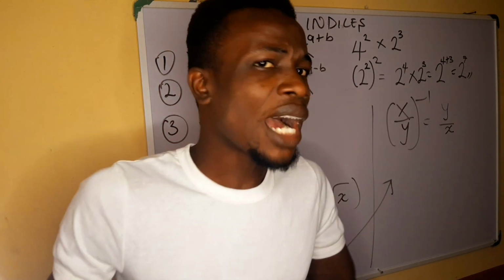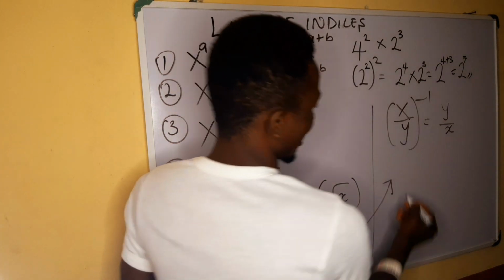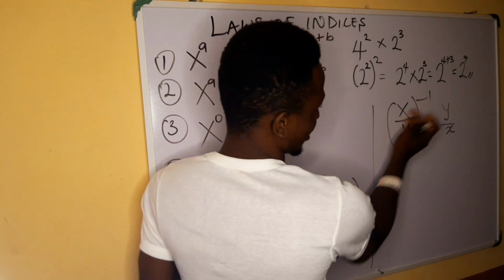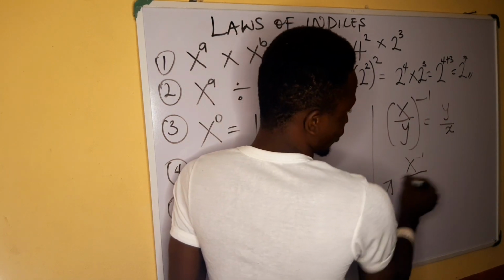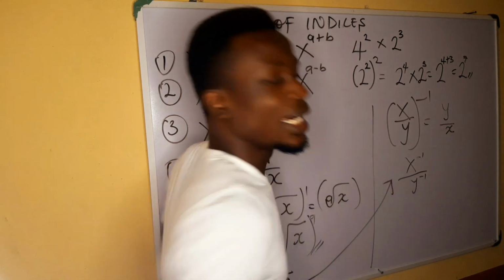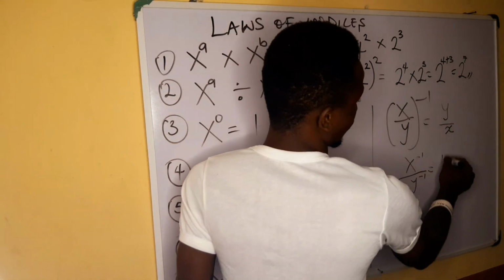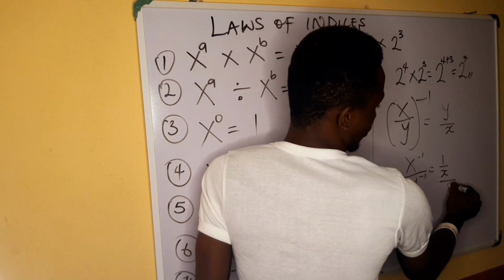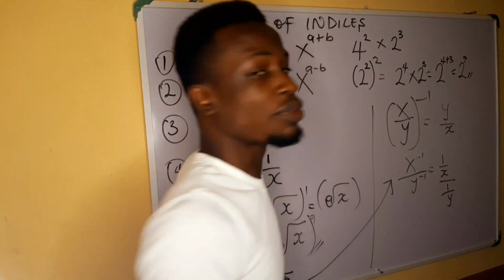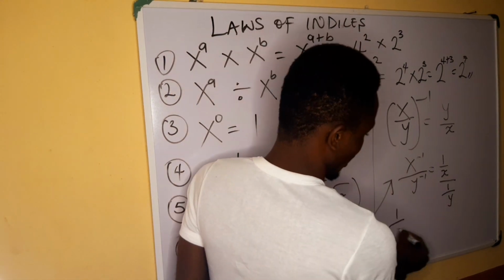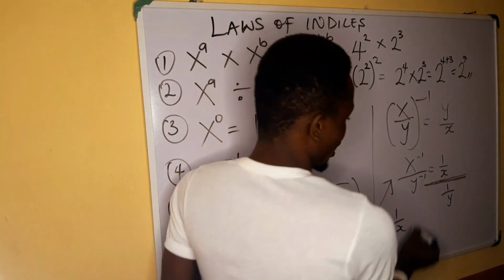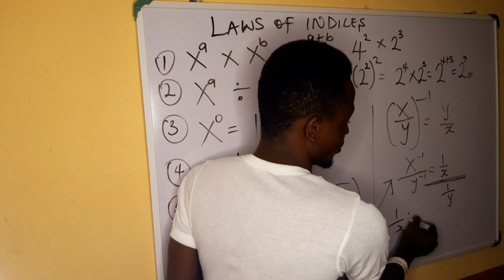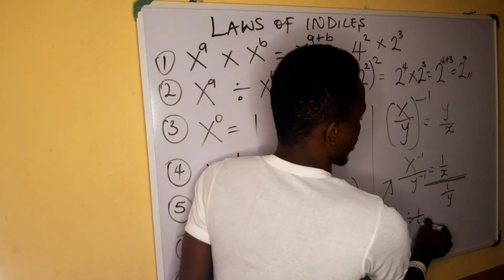Somebody might ask, why is it? Let's consider it here. If the power of -1 is brought inside, you're going to have x to the power of -1 over y to the power of -1. And what does it actually mean? It means 1 over x, all over 1 over y. If you rearrange this, it gives us 1 over x, then this division sign, we bring it up, divided by 1 over y.